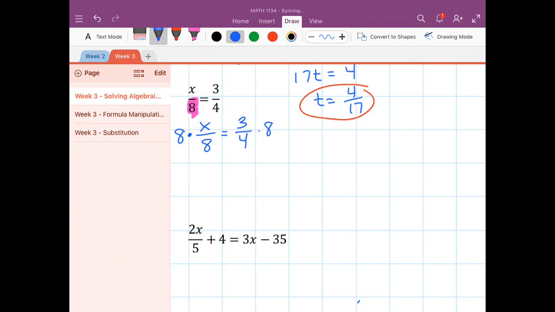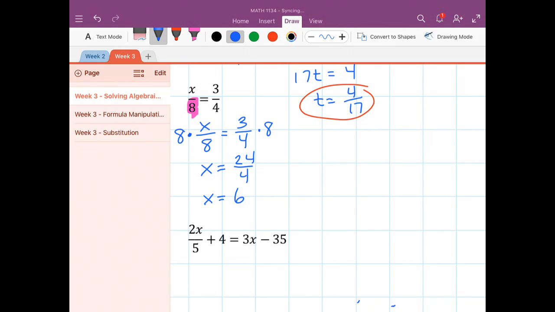So I'm timesing both sides by 8, and that leaves me with x on this side, and 3 times 8 is 24 over 4, or I can simplify that as 6.